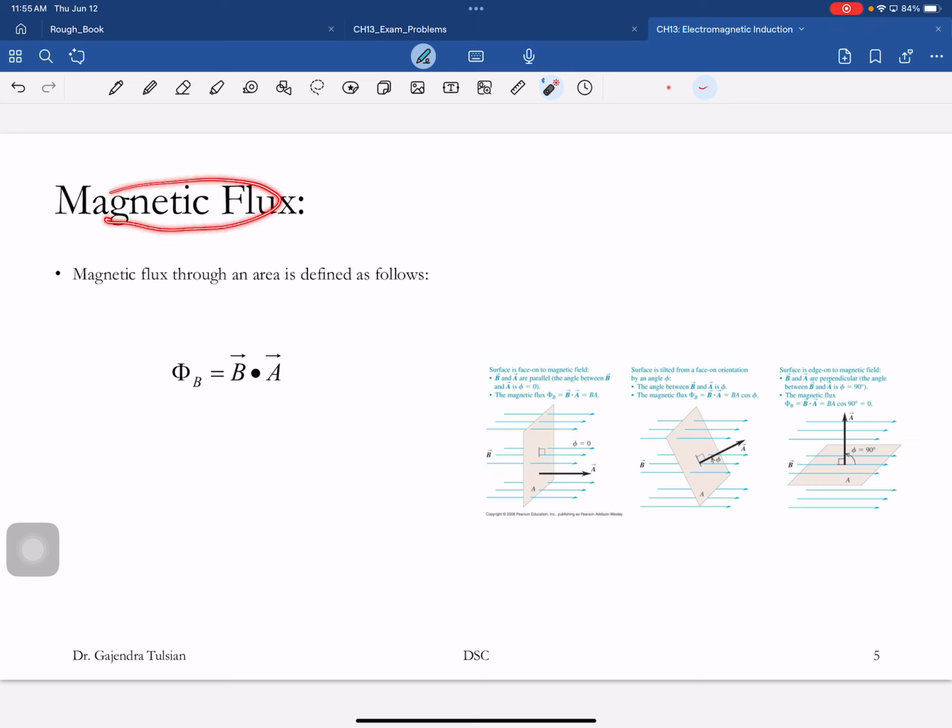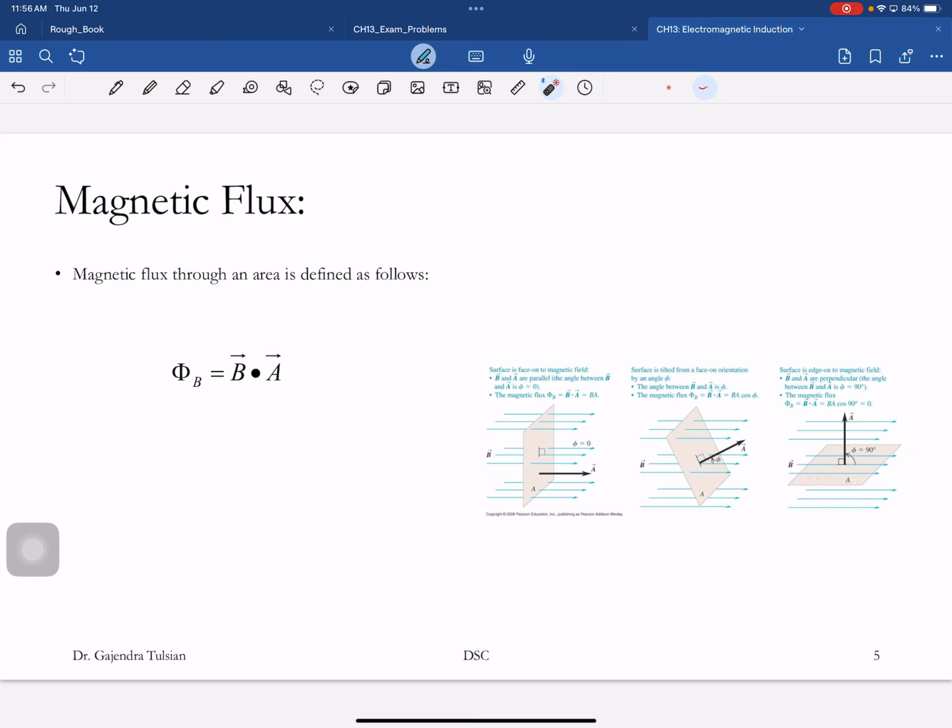Now we'll define magnetic flux. Flux is denoted by phi, the subscript B telling you it's magnetic flux, and it's defined as B dot A. Here's a magnetic field in this region, and the magnetic flux you can think of as how many magnetic field lines are going through, penetrate this area. Right now, how many field lines penetrate this area?